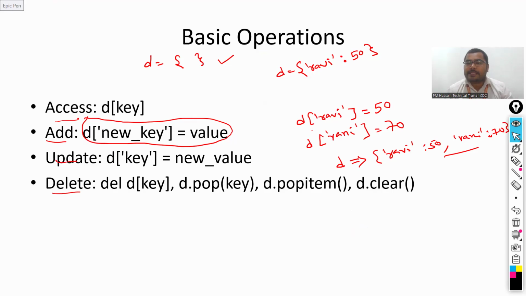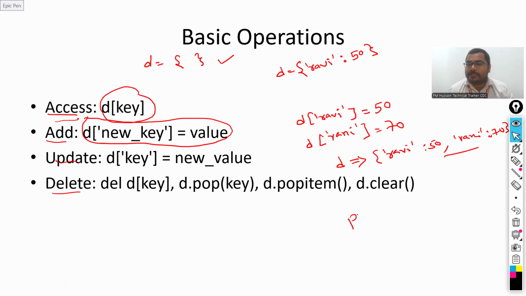Now if you want to access the dictionary elements, how can you do it? Accessing the values here, not the keys. Say I want to access Ravi's marks, or I want to access Rani's marks. How can we access them? For this we need to use D in square brackets, and you specify that particular key.